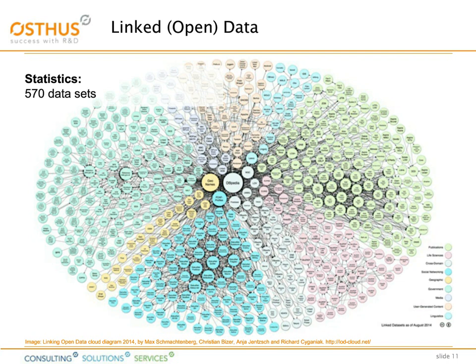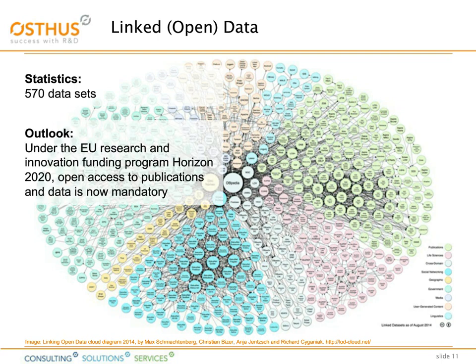For example, the one here in pink are data repositories on life science data, but you have other sectors such as government, publications, and so on. And just to give you an outlook, under the Horizon 2020 program, open access to publications and data is now mandatory, so this linked data cloud will even grow.